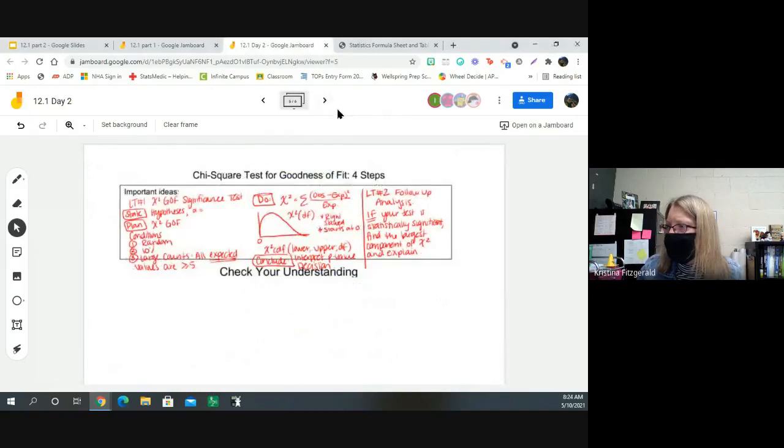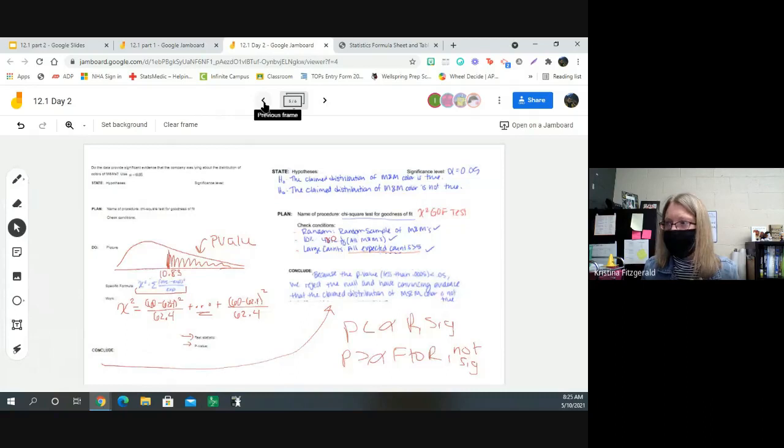So here's kind of everything we've done. The only thing we haven't totally looked at yet is our follow-up analysis, so I am going to make a note about that. You may not have to do this on a free response, but the logic you might have to do on a multiple choice. The only thing we want to add to our conclusion is our follow-up. If we reject our original claim, we just say which category messed it up the most.